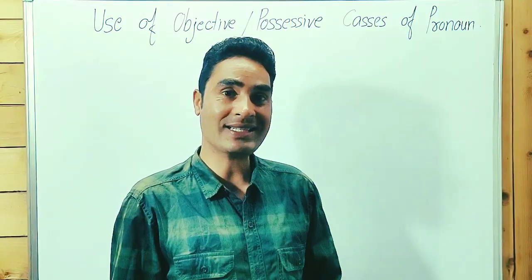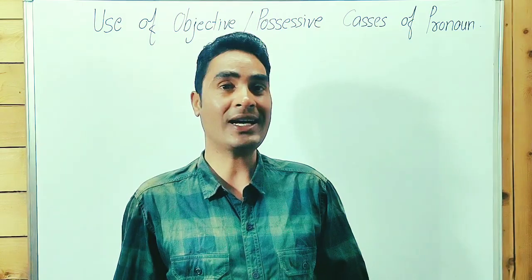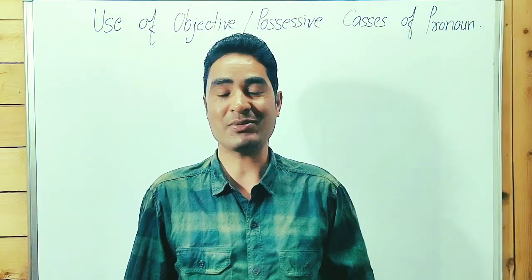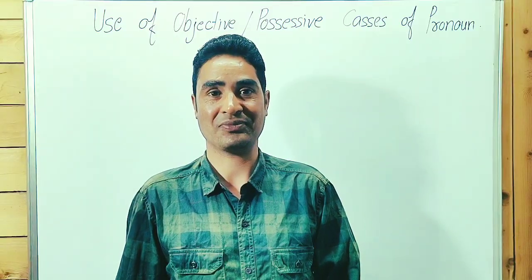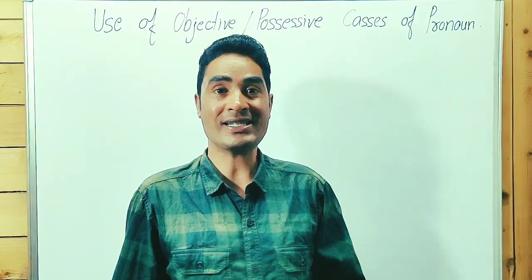In the very last video of pronoun, we learned about the subjective case of personal pronoun, when we use it. I also gave you an overview about the sequence of pronouns.